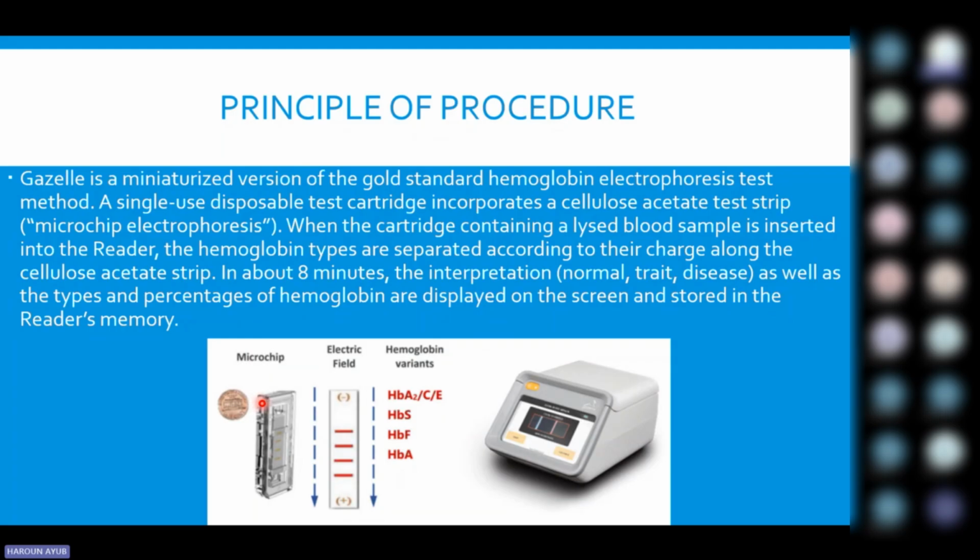So this is just a microchip of how the card looks like, and then this will be the representation. We have a buffer that is used, and it will allow the cellulose acetate strip to migrate when we put it on the analyzer.